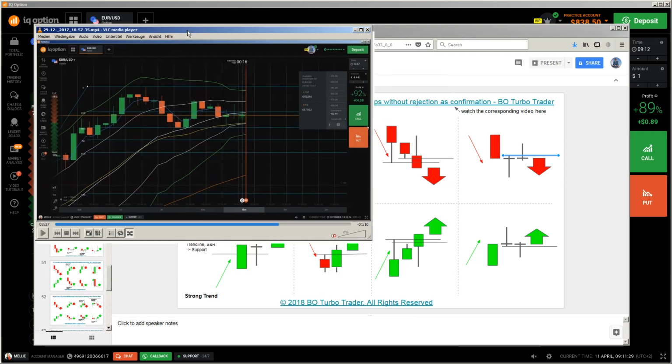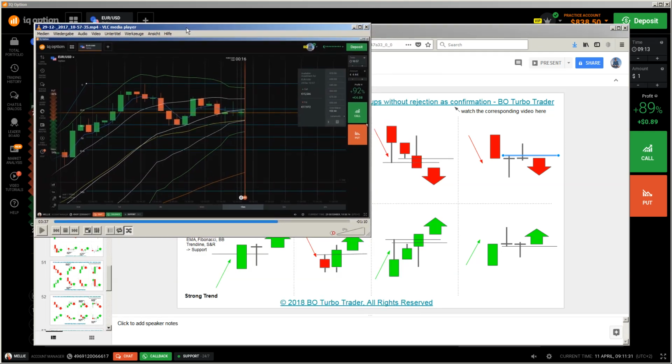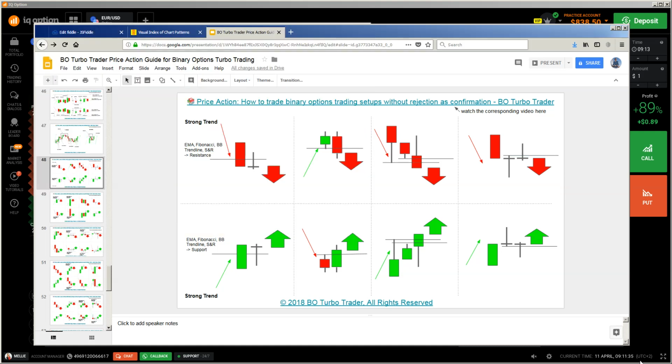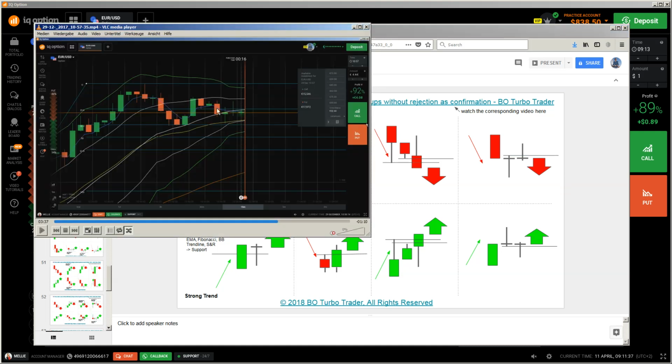I did this on the real account, and you see the setup. It's nice that it's on this side. Let me show you. We have here this red candle. You see this here, we have this dragonfly doji, or doji in general. Here it's a dragonfly doji, but it can also be a normal doji, a long-necked doji.